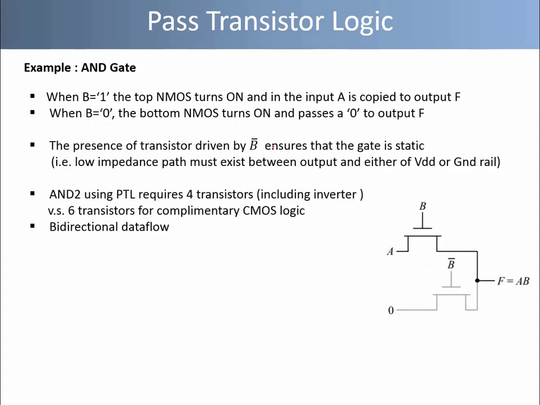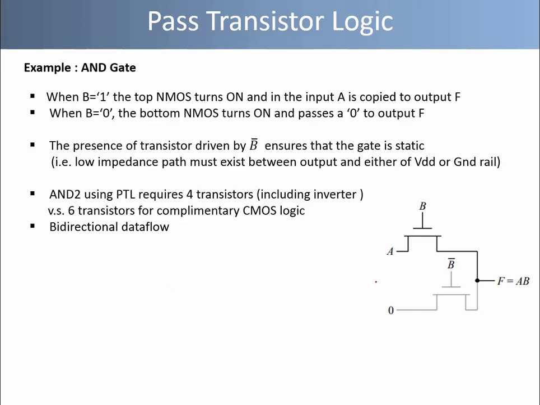Now let's consider an example of making a two input AND gate using pass transistor logic. Here we have two NMOS transistors and the primary inputs are connected not only to their gates but also to their drain terminals, and the output is being taken from one of their common terminals.